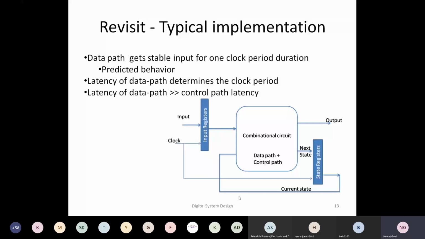If somehow my clock period is smaller than this longest path, then whenever that longest path scenario occurs, my output will not be correct. So this latency of the data path determines what the clock period should be.